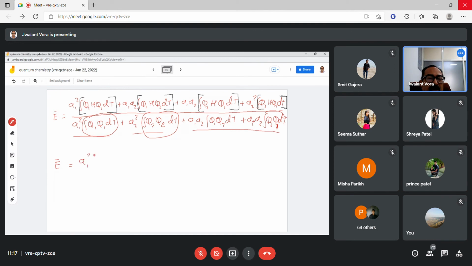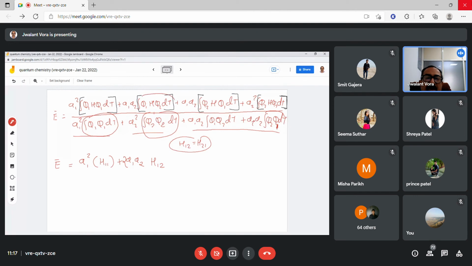A1 square into H11 plus twice A1 A2 H12 because H12 is equal to H21.